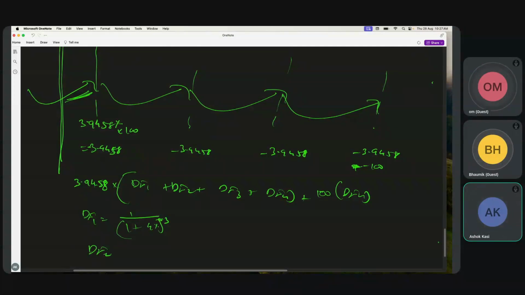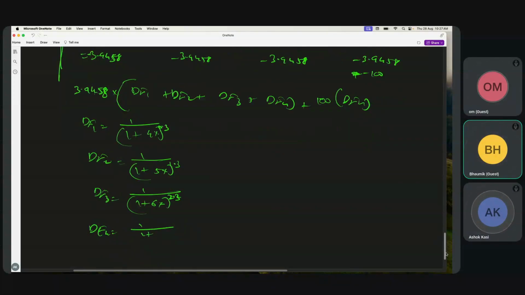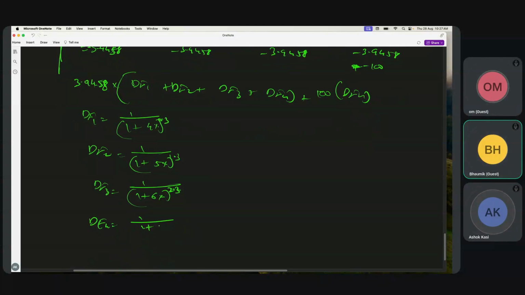Discounting factor 2 is equal to 1 by 1 plus 5% raised to 1.3. Then 1 plus 6% raised to 2.3, and raised to 3.3.